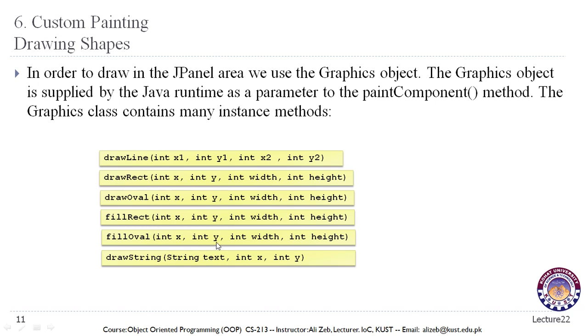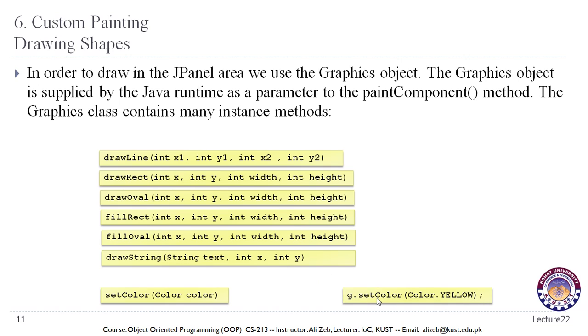It takes a text argument and the position of that text on the JPanel. The setColor method is used to set the color of our drawing objects. For example, when we set the color and then draw a filled oval, then the oval will be drawn in that color. We can get the color or set the color to one of these colors as well through the object of the Graphics class.